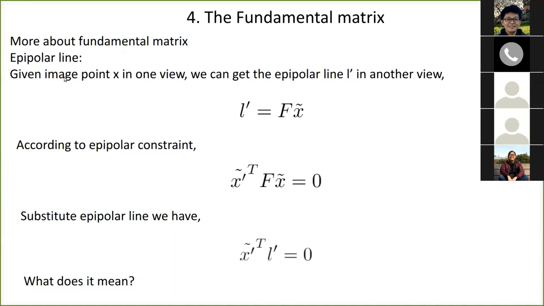Like we described before, if we have a point in one view, we can actually get the epipolar line L prime in another view. And this L prime is denoted as the fundamental matrix multiplied by the image point X in homogeneous coordinates.